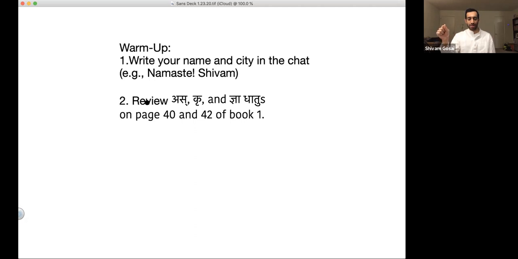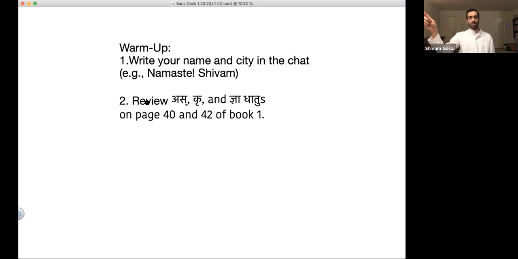Okay. So then the next one is kru dhatu. Now there's two forms of kru dhatu because it's ubhayapadi, meaning it takes parasmaipada suffixes and atmanepada type suffixes. So it has two forms. We look at the first form. The first corner, pratama purusha ekavachanam, is karoti.